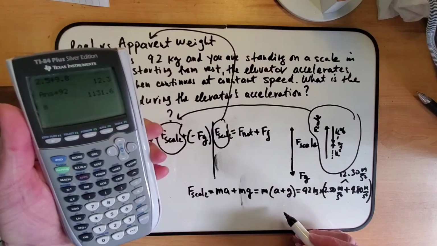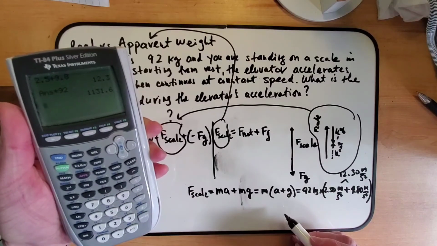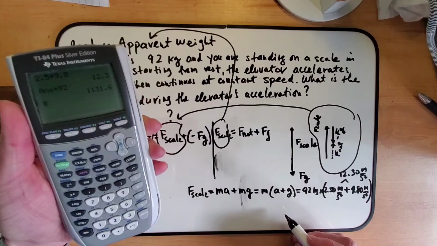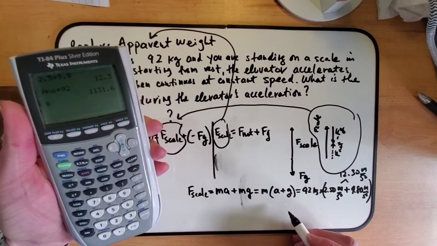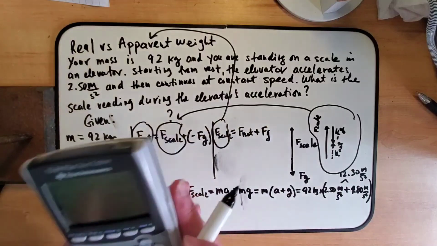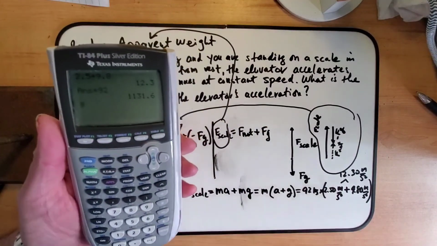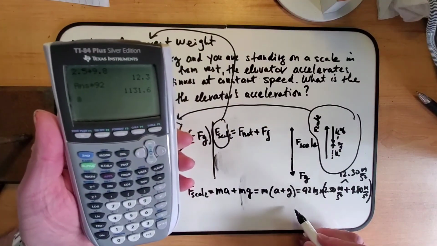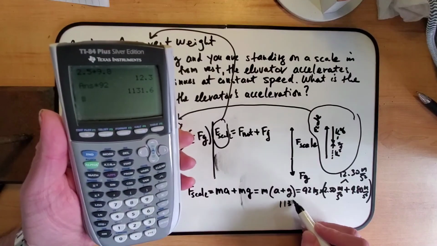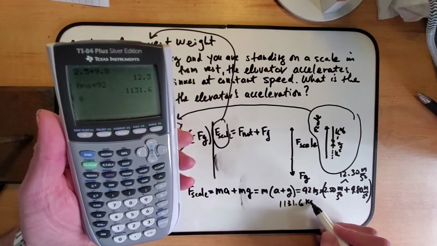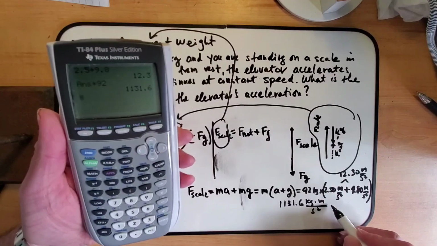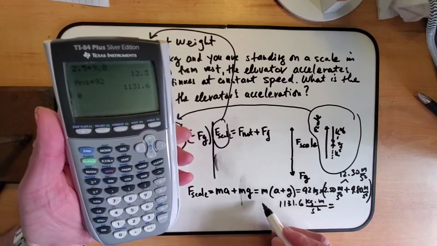Let me put it down here and make sure I use the right number of significant figures. Let me write the whole thing: 11316. And again, we have kilograms times meters per second squared, which is nothing else but the unit of Newton.